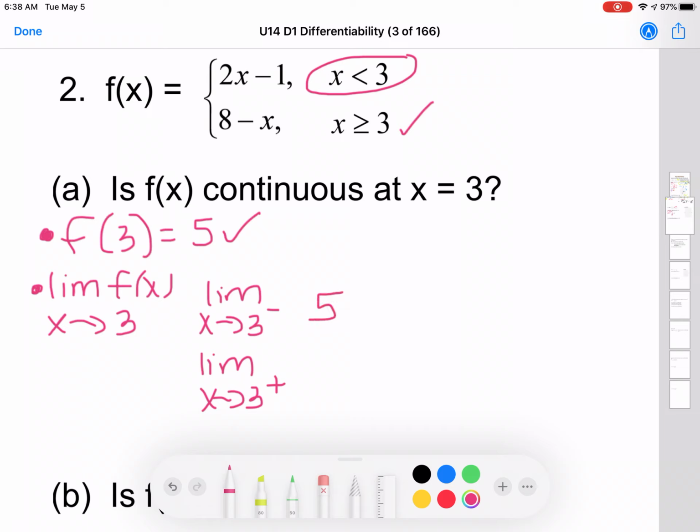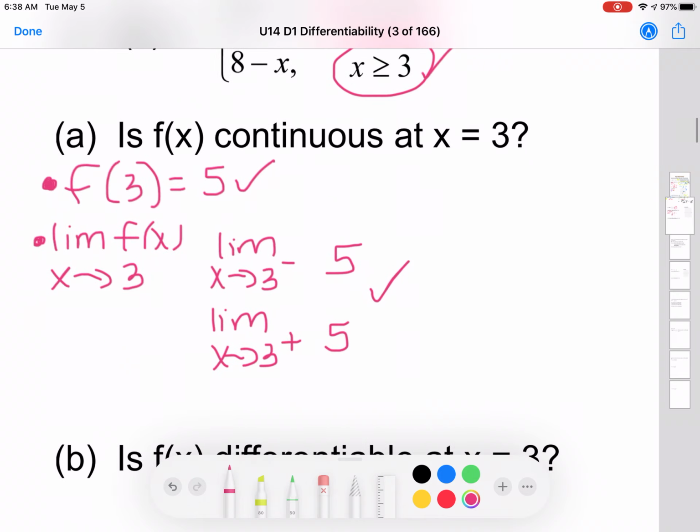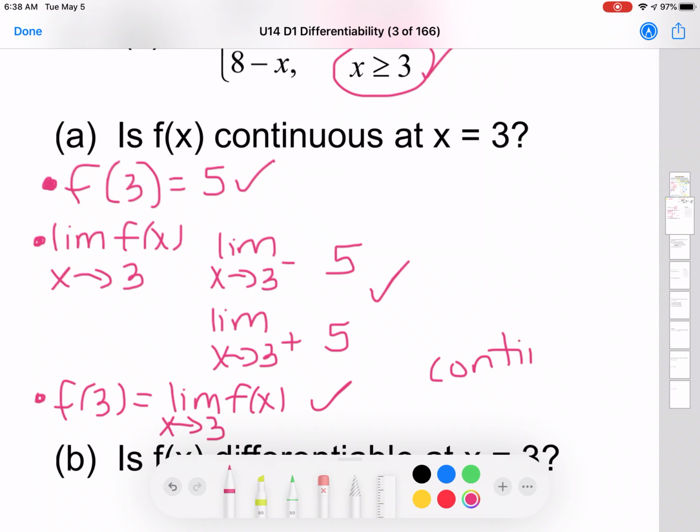We're going to approach 3 from the right, so a little bit bigger than 3. So we'll plug in here. So 8 minus 3 is 5. So the limit does exist, so that's good. And then does the function value equal the limit? Yes. So this is continuous.